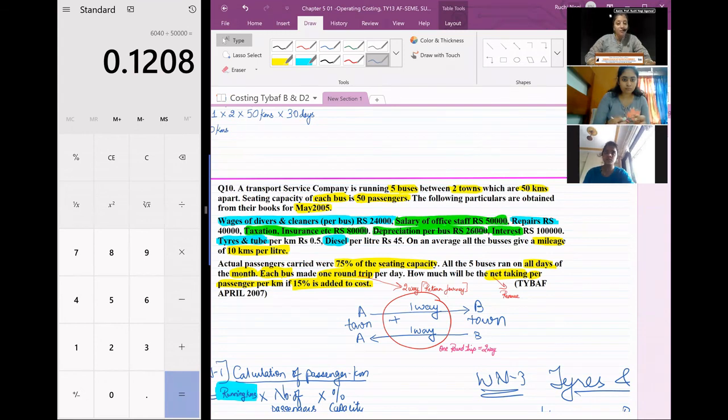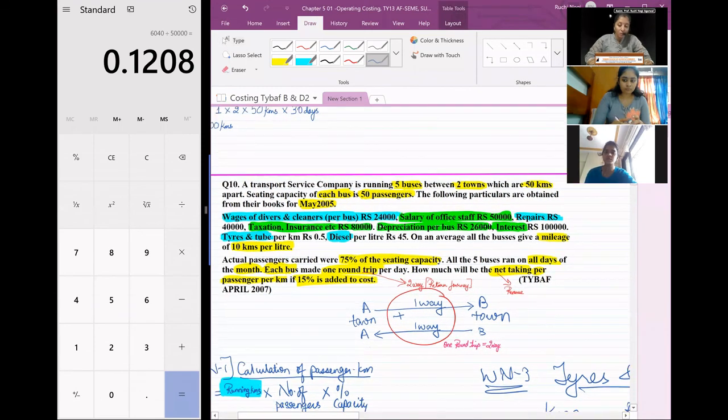So in this sum, depreciation is going to be a fixed cost, students. Until it is said that depreciation is on kilometers run, let us assume it to be a fixed cost. Interest, obviously fixed cost. Tires and tubes, variable. Diesel, variable. Bus gives a mileage of 10 kilometers per liter.